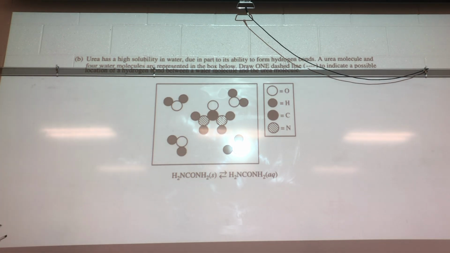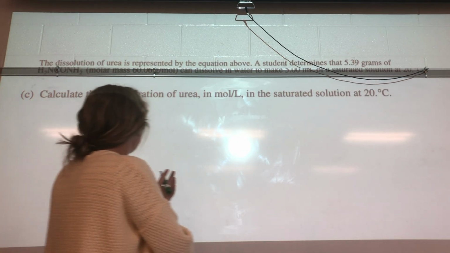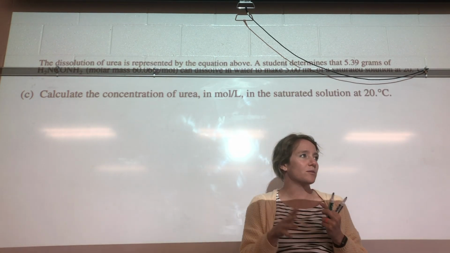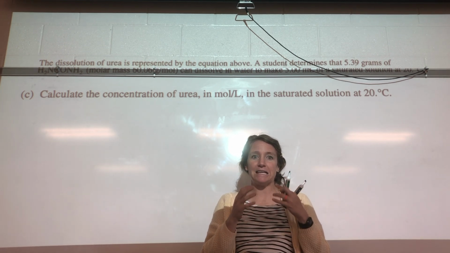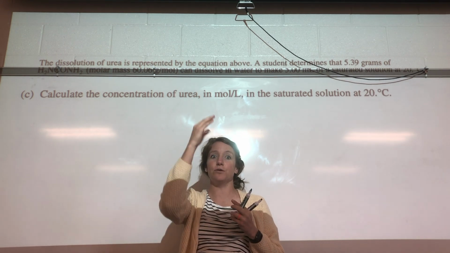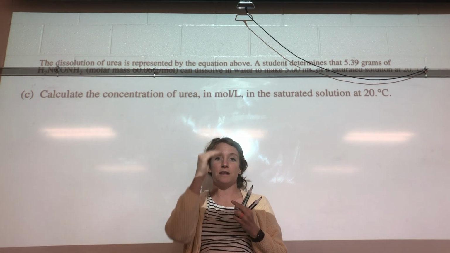Part C gives us this information. Once again, in general with these FRQ questions, pay attention to the information they give you, particularly when they give you new information within a problem.